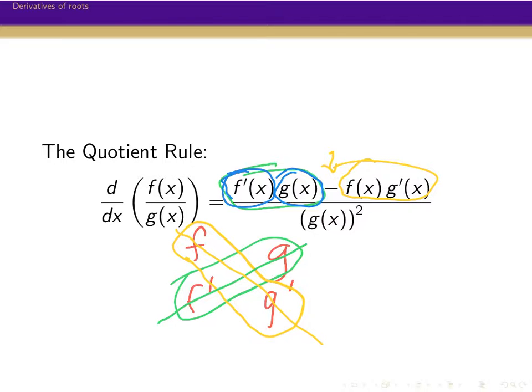So low d high minus high d low. So d low is g prime, and then divided by low squared. Okay, so that's what the quotient rule is.